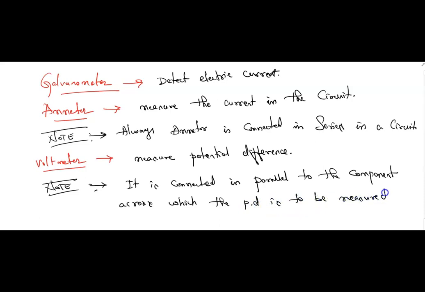Where you want to measure the potential difference, you connect the voltmeter.